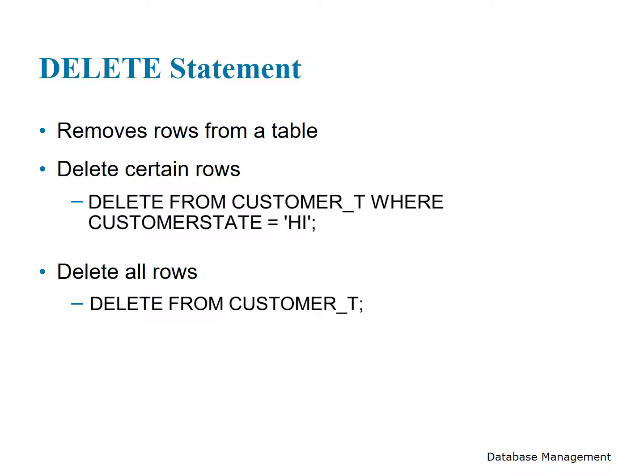The restrict, cascade, and set null constraints will determine how to handle the orders for a deleted customer. Rows can be deleted from a database individually or in groups. Suppose Pine Valley Furniture decides that it will no longer deal with customers located in Hawaii. And then we can see the previous SQL.